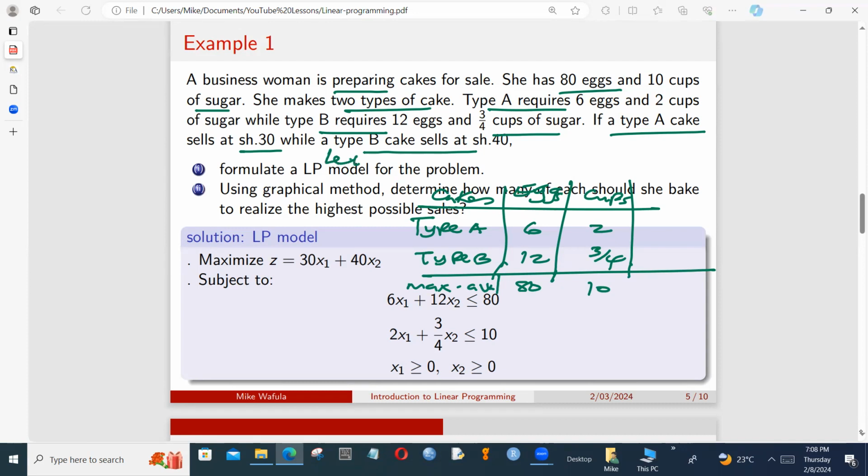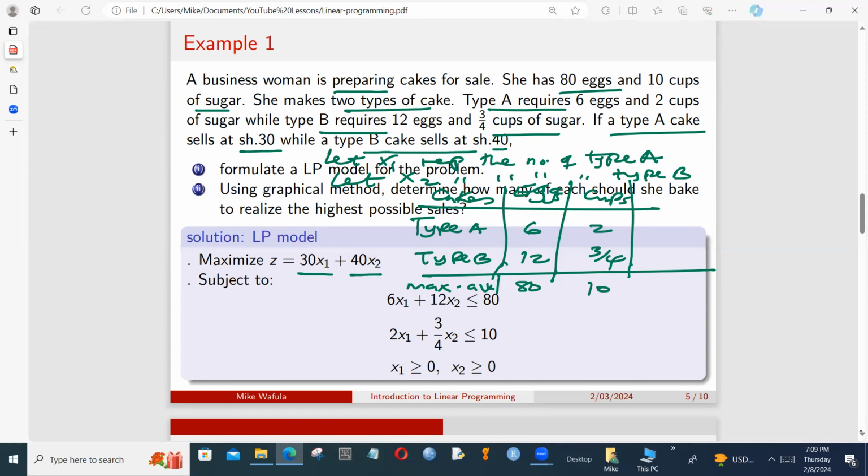If we let x1 represent the number of type A cakes that are to be sold, and we let x2 represent the number of type B cakes, then we can simply see that if a type A cake is to be sold at 30 shillings, to sell x1 such cakes will be 30x1 shillings, and to sell type B cakes would be 40x2 because each will be sold at 40 shillings.